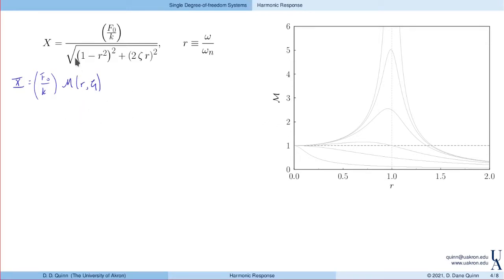And here, this m is precisely 1 divided by this square root. So m of r and zeta is defined as 1 divided by the square root of 1 minus r squared, quantity squared, plus 2 zeta r, quantity squared. This I refer to as the magnification factor.